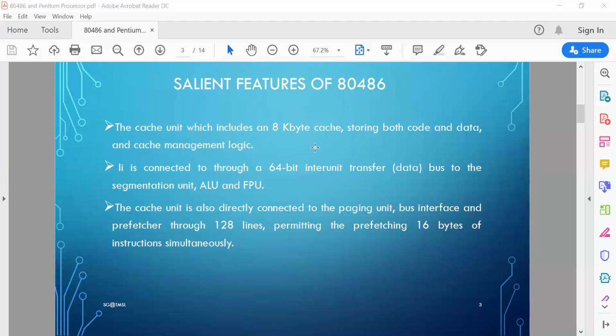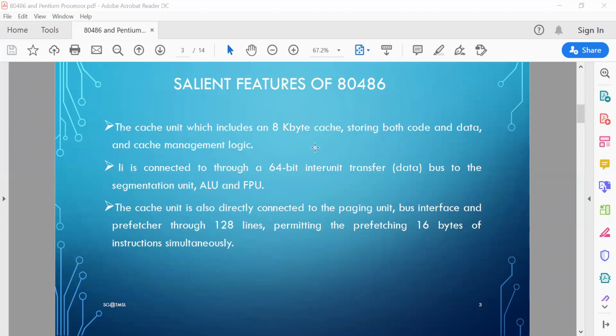Another is that the pipelining concept is also implemented, here as three-stage pipelining. First the instruction is fetched, prefetched and stored inside the prefetch unit, then it goes to the decoder circuit, where a pre-decoding circuit is available, and then it goes to the execution unit.